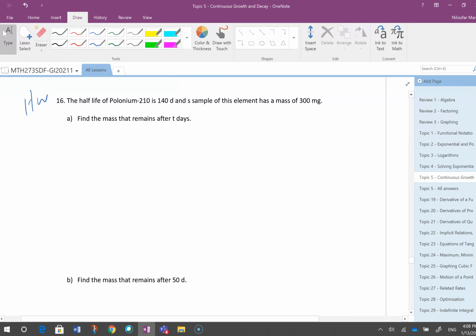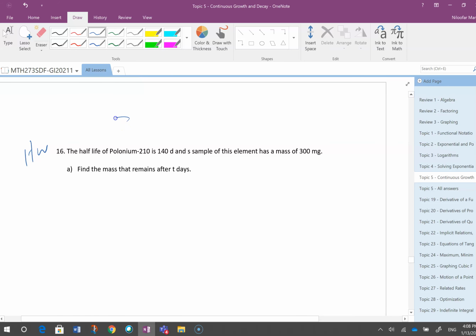Okay, so 16. The half-life of polonium 210 is 140 days. So the half-life is 140 days. The sample has this many milligrams, so this is N0. Find the mass that remains after T days.